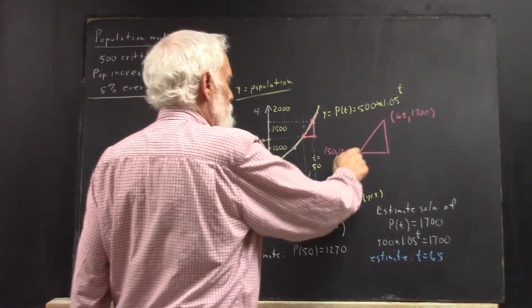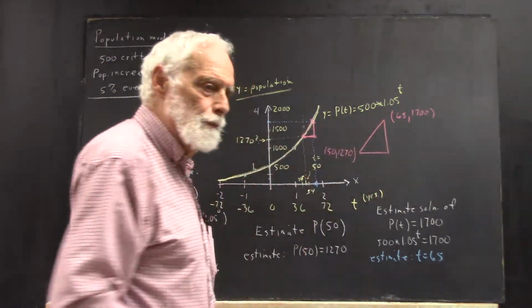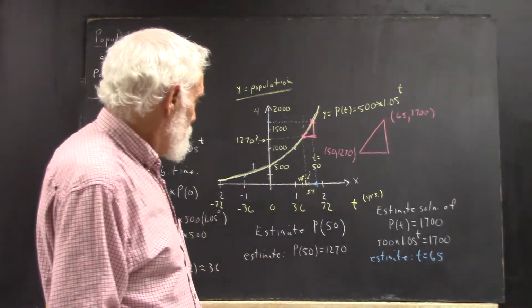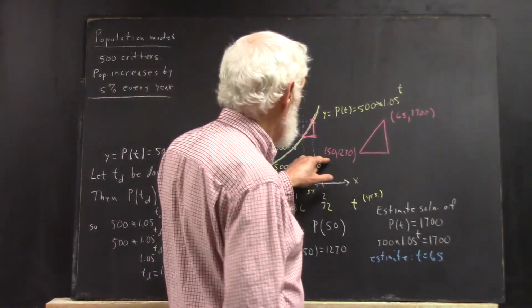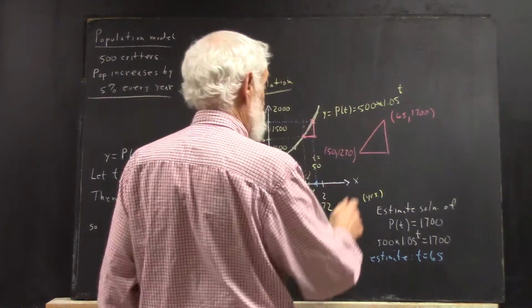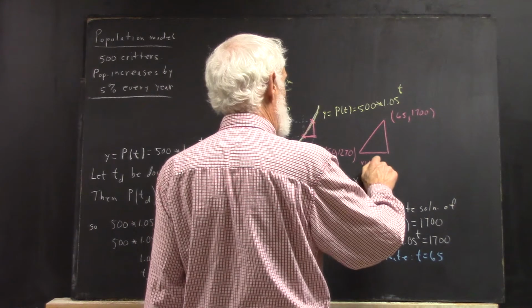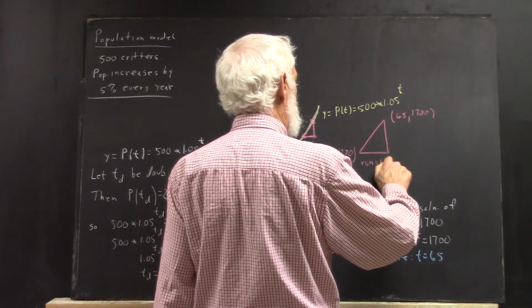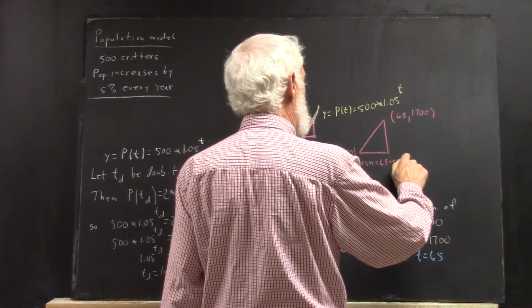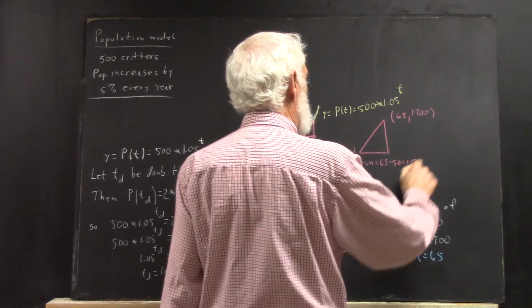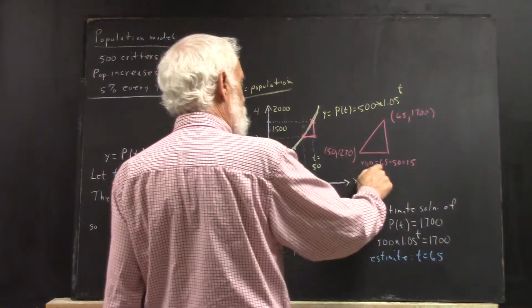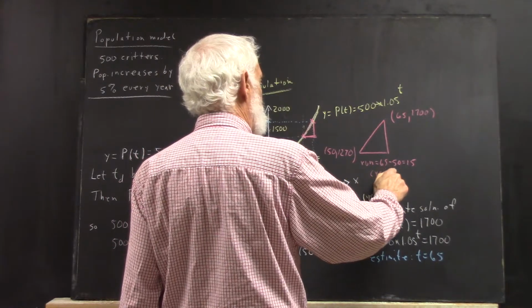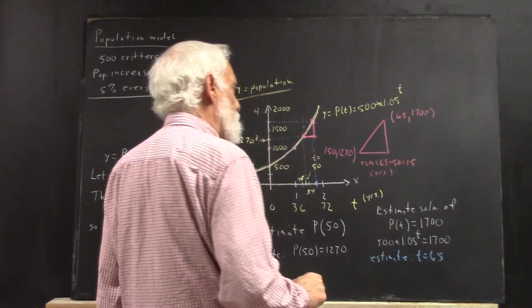So we want to analyze the slope of the triangle. Okay, well, the run goes from 50 to 65. So it's going to be 65 minus 50, and that's in years. 15 years.